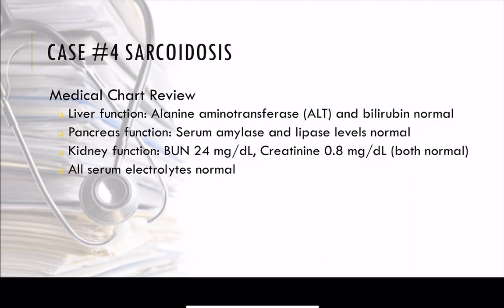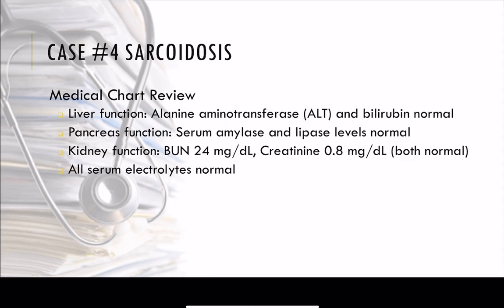The pancreas is investigated by looking at some key digestive enzymes that are produced by the pancreas, the amylase and the lipase. If the pancreas is damaged or experiencing inflammation, these levels would increase in the blood. So these are normal. It does not appear that her pancreas is involved.